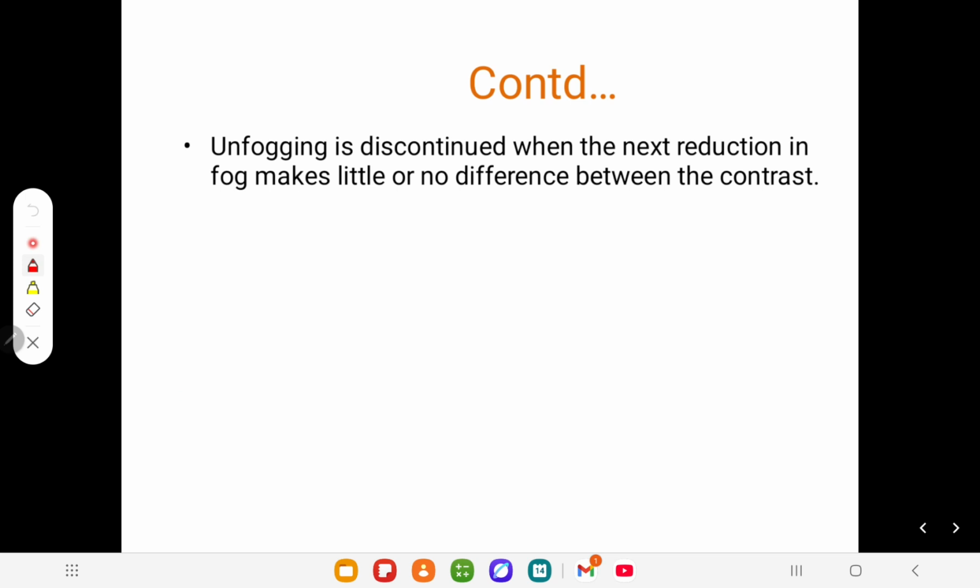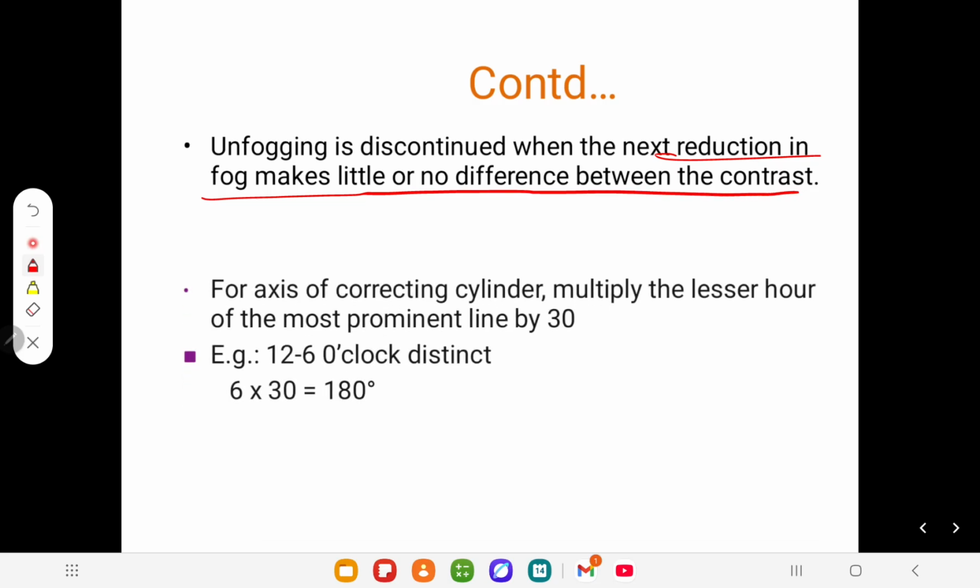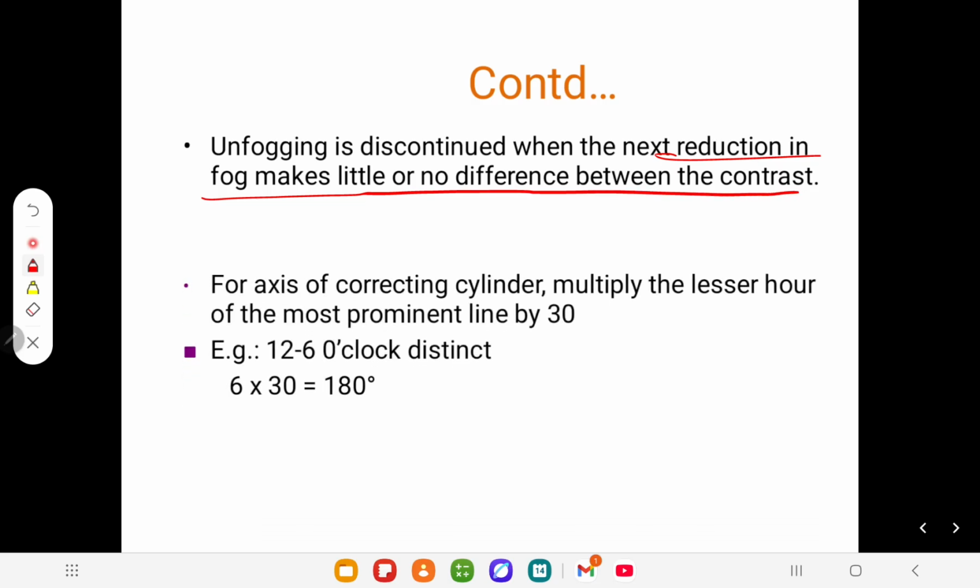Unfogging is discontinued at that point, when the next reduction of fog makes little or no difference in the contrast. So it's a very simple rule. For the axis of the correcting cylinder, multiply the lesser hour number of the most prominent line by 30.